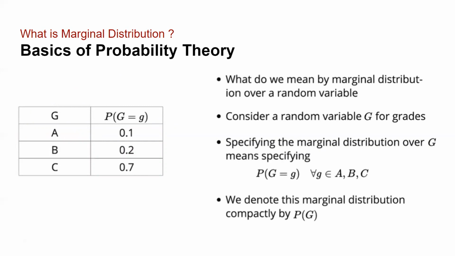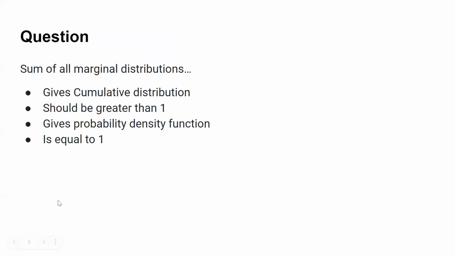And what is the probability of a sample space? It is always 1. So here also, if I do the summation of all this, it is always equal to 1. That is why the sum of all marginal distribution is equal to 1.